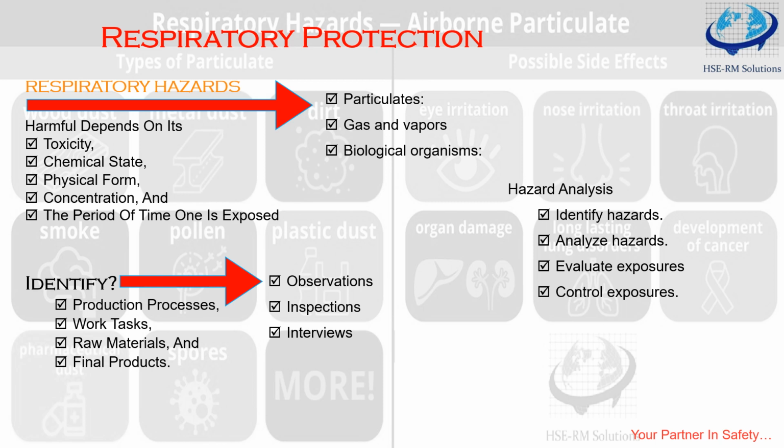Now let's talk about administrative control and respiratory protection. Administrative controls establish programs and policies that require employees to use processes, procedures and practices to help limit exposure to hazardous substances. As you can see, the primary strategy is to control behavior to limit exposure.